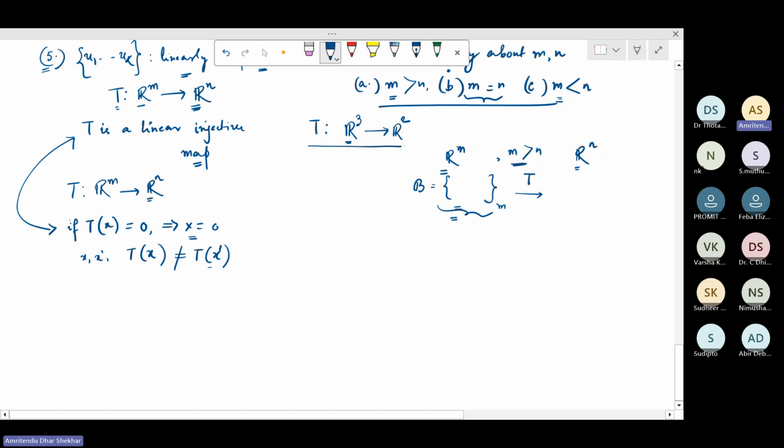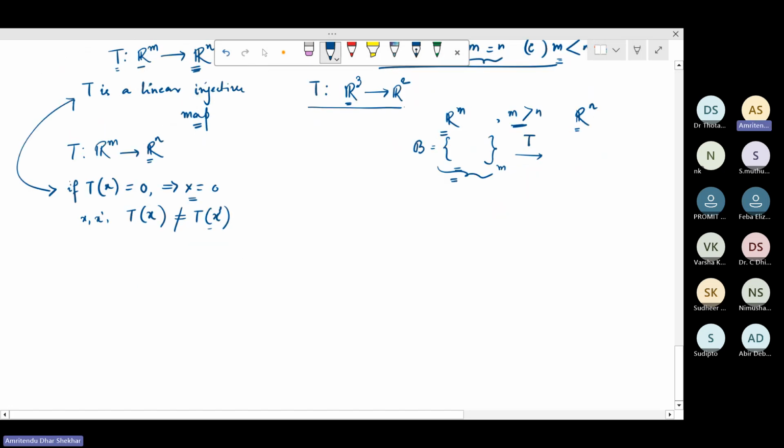Now, because it's an injective map, T of x minus x prime is not equal to 0. So if you give me some vector y such that T of y is equal to 0, of course T of 0 is going to be equal to 0, then this means that y is equal to 0.